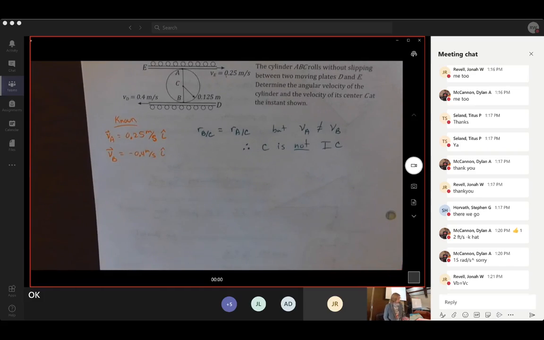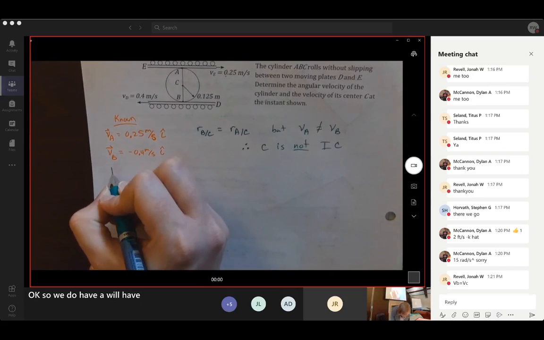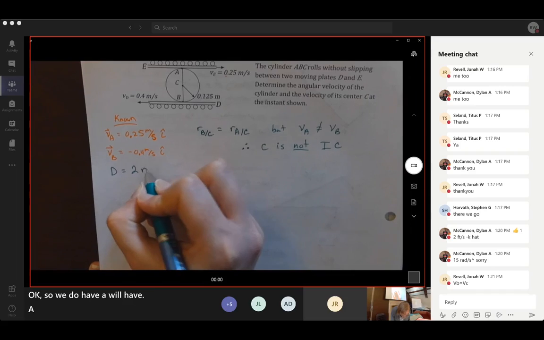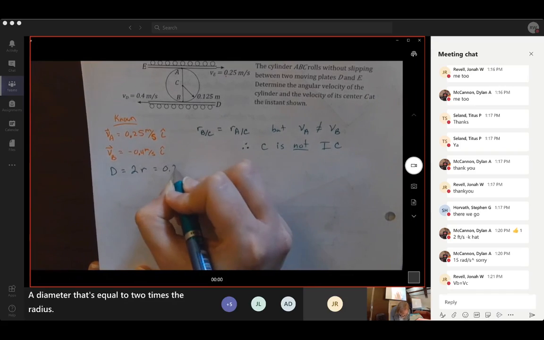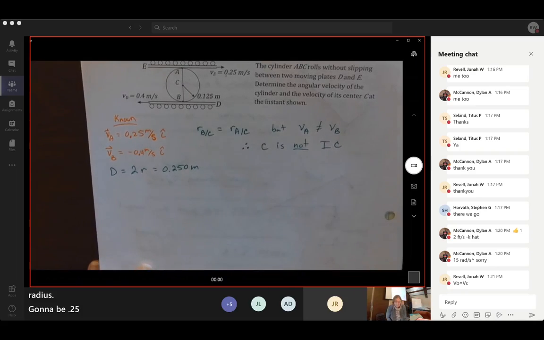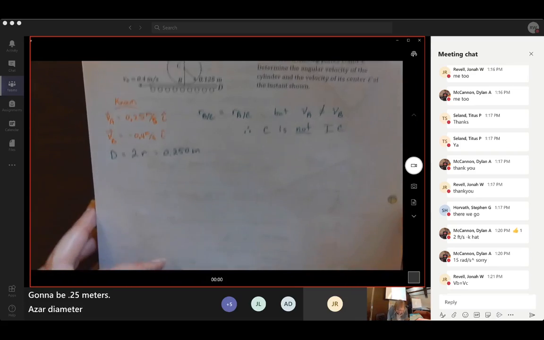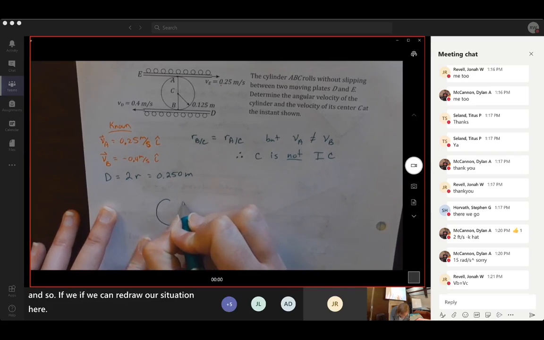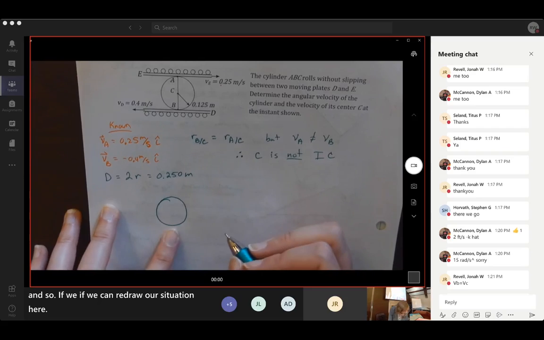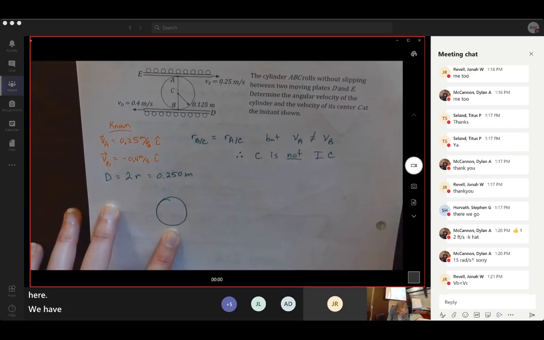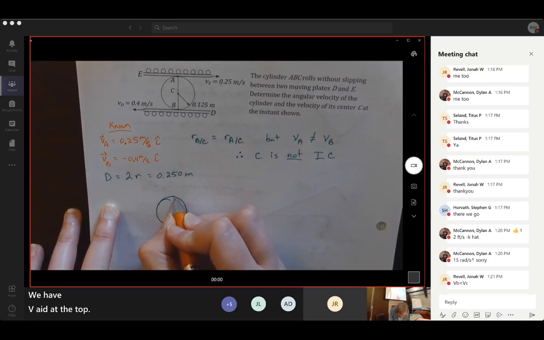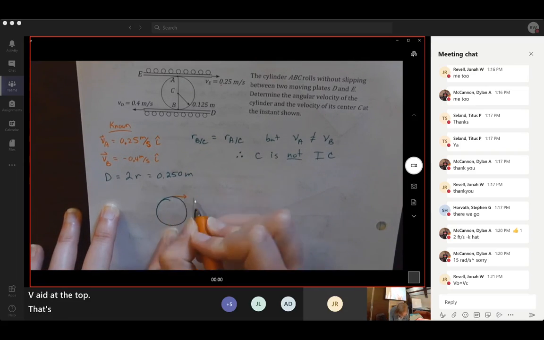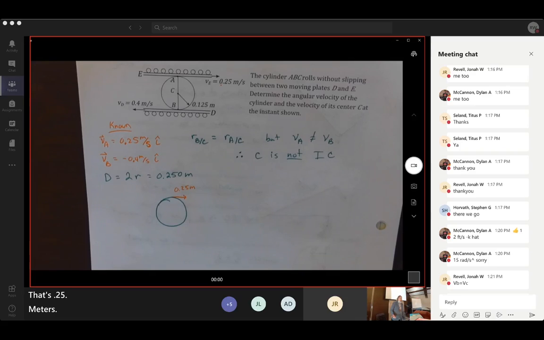Okay, so we'll have a diameter that's equal to 2 times the radius. That'll be 0.25 meters as our diameter. And so if we redraw our situation here, we have VA at the top, that's 0.25 meters per second in the positive I hat direction.